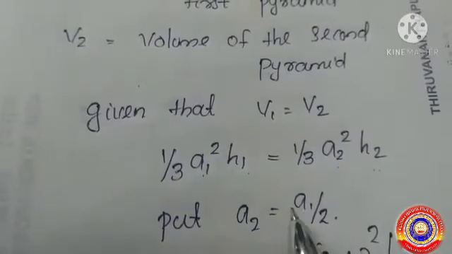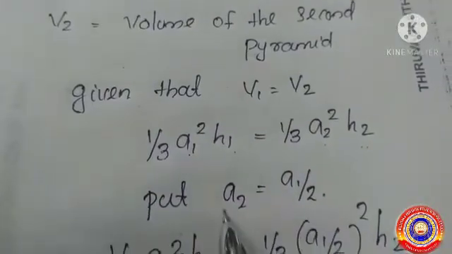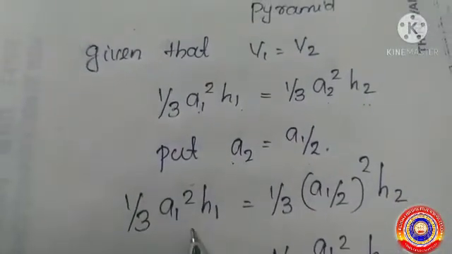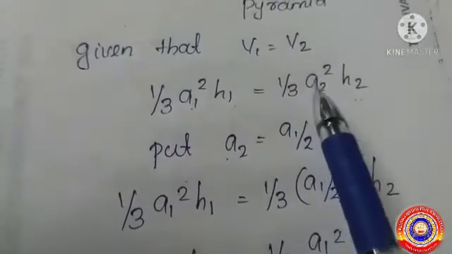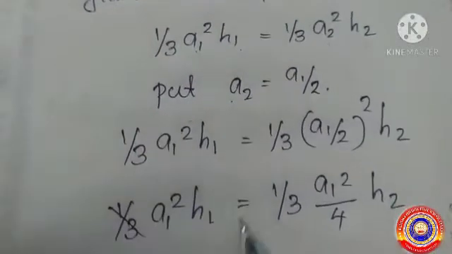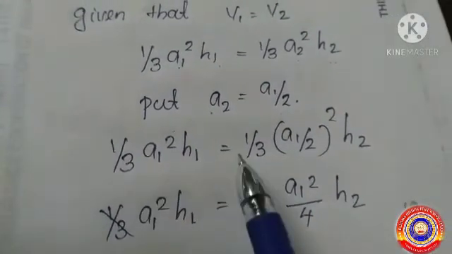Question says that the base edge of one is half that of the other. So we can put A2 equal to A1 by 2. Then we can write 1 by 3 A1 square H1 equal to 1 by 3 A2 square H2, replacing A2 by A1 by 2 the whole square into H2.